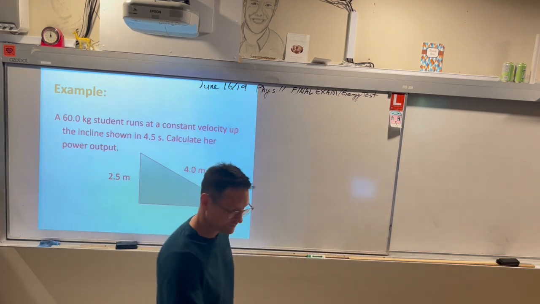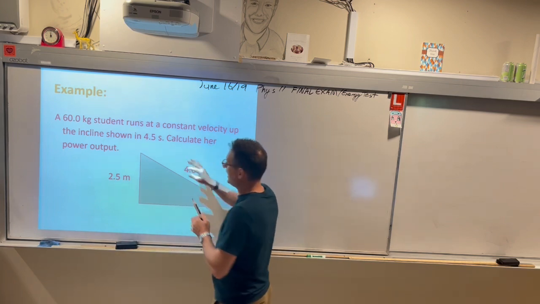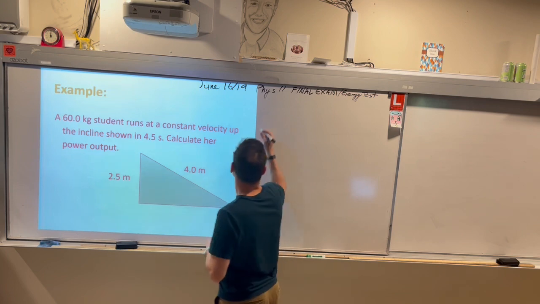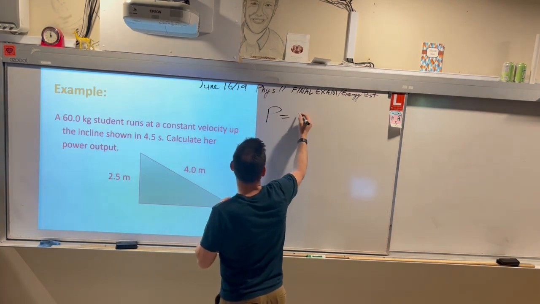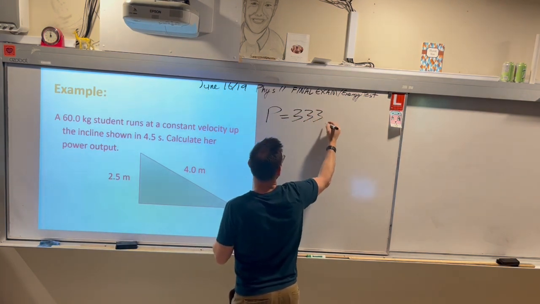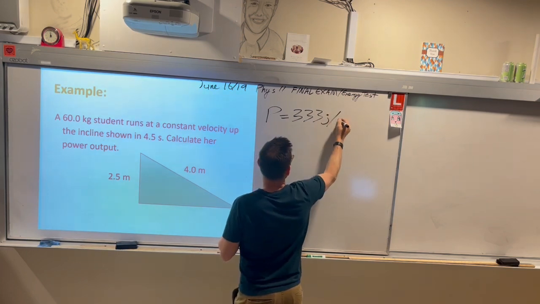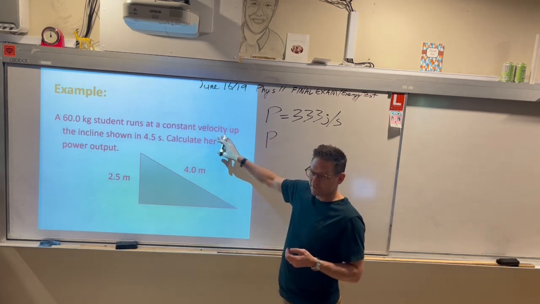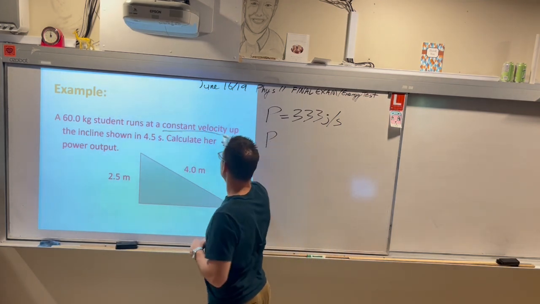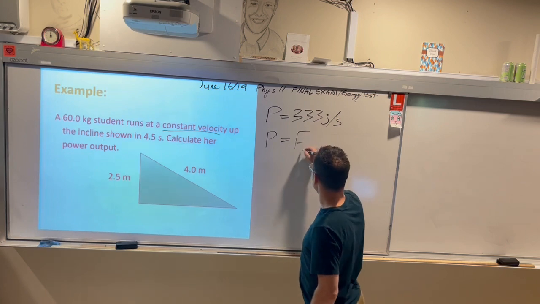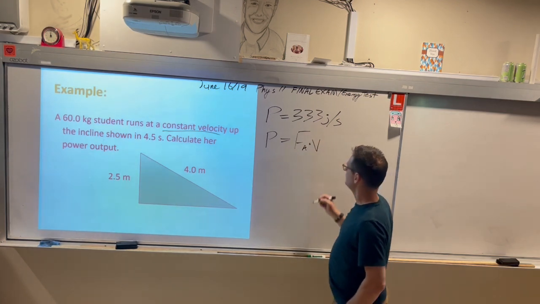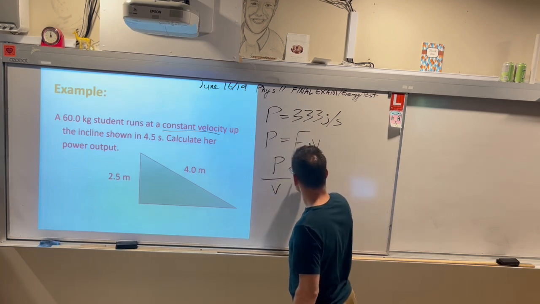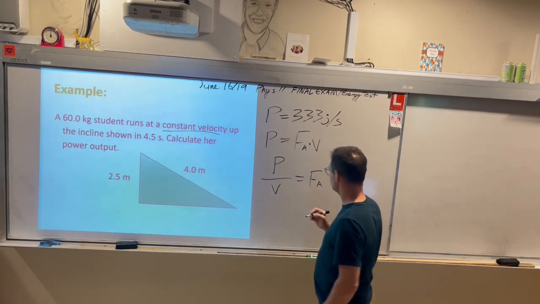So if I asked you here, find the power, and then I said, find her force applied, we did the power from before, which Rodman remembered was 333 joules per second. And we also know she is going at a constant velocity, as Dorsa aptly pointed out. So we can say that this is force, and in this case it's force applied times the velocity.